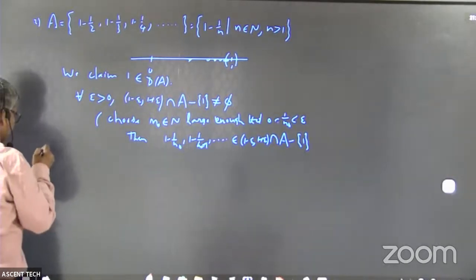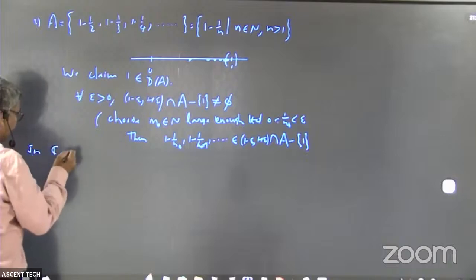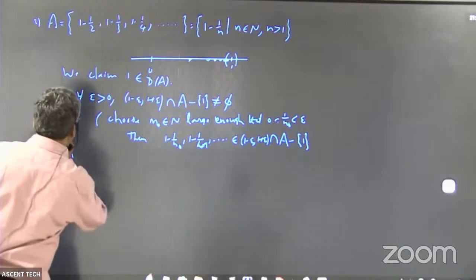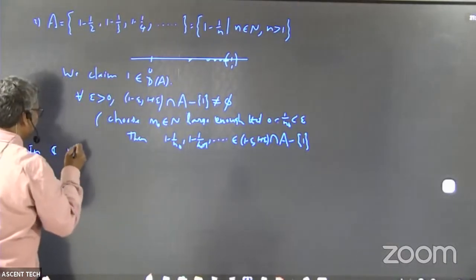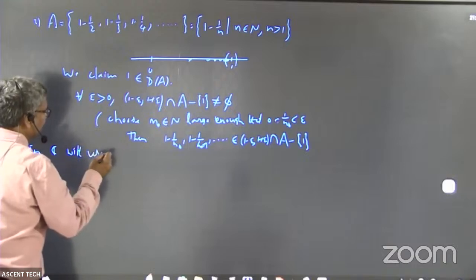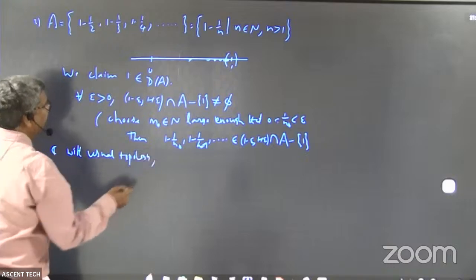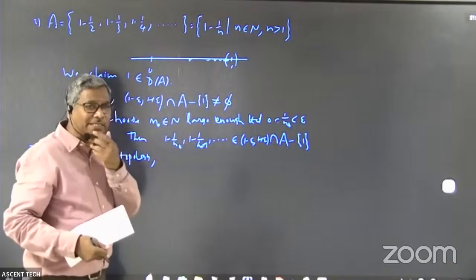And for example, in C with the usual metric and usual topology, as a matter of fact, I think there are no other limiting points. I think it's clear what is happening.